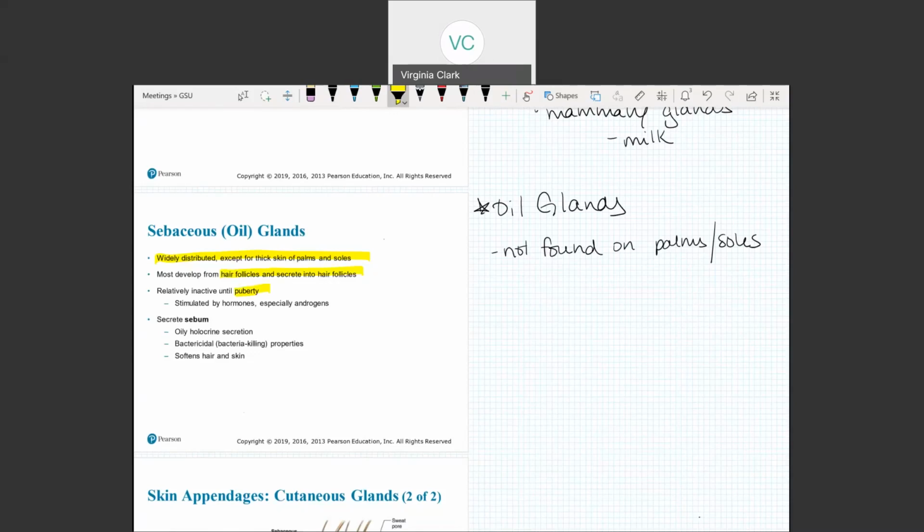But for this, the product is going to be called sebum. And sebum is an oily holocrine secretion. It's got bacterial properties and it's going to soften skin. So that will be responsible for lubricating the hair and skin, but sebum will be the product of a sebaceous oil gland.